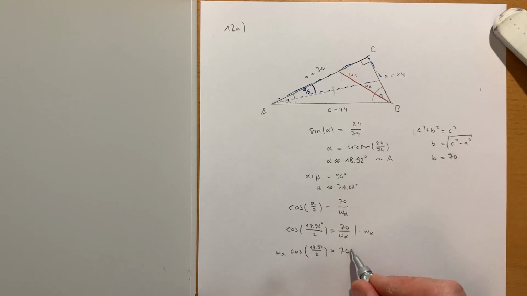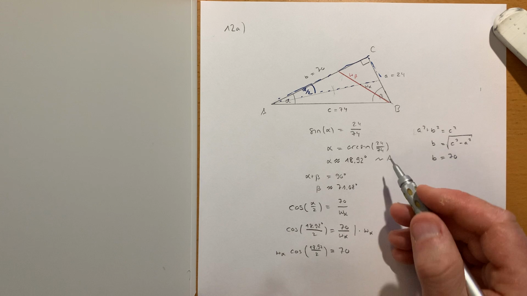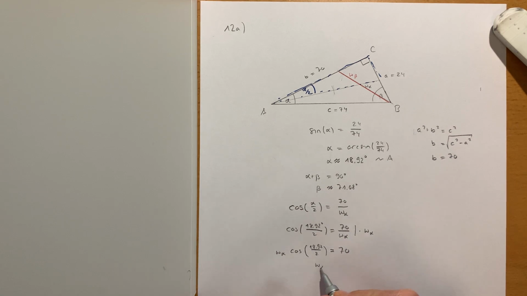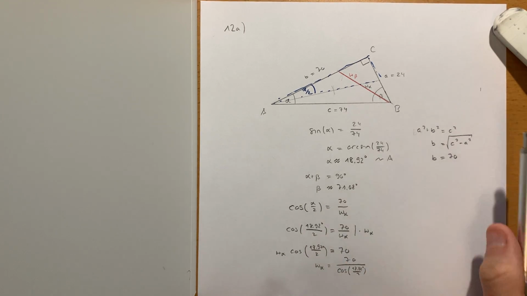Then W alpha is 70 divided by cosine of 18.92 degrees over 2. Let's not forget the degree sign.